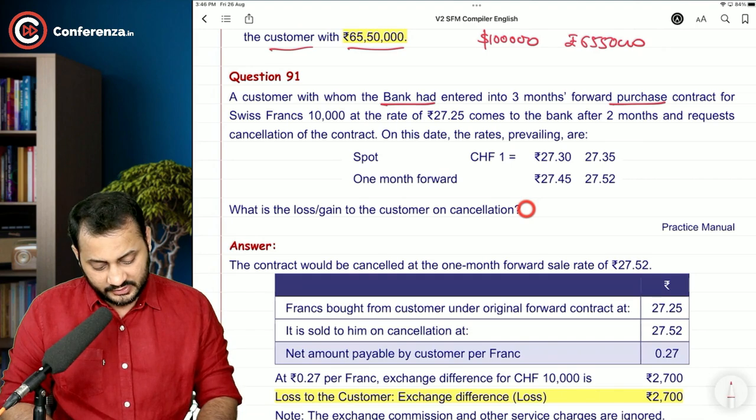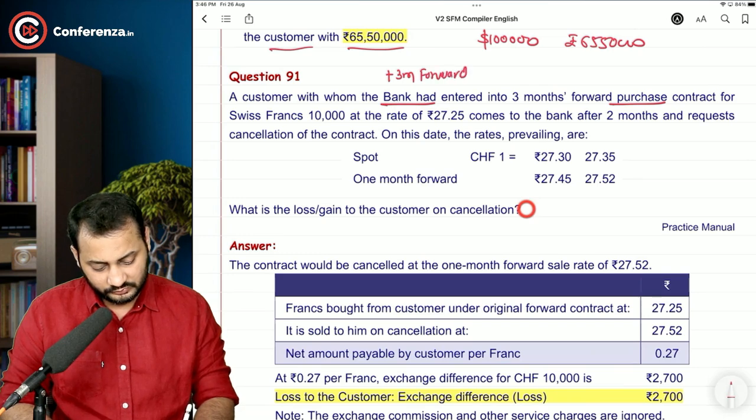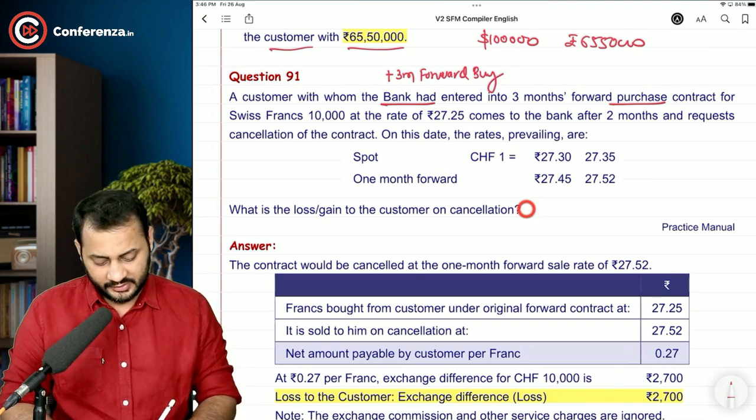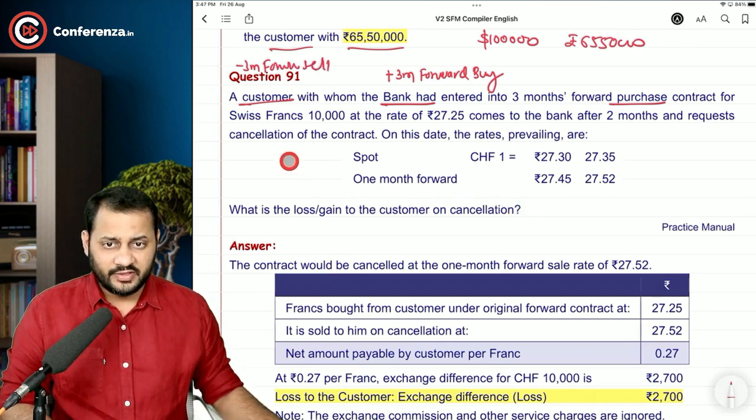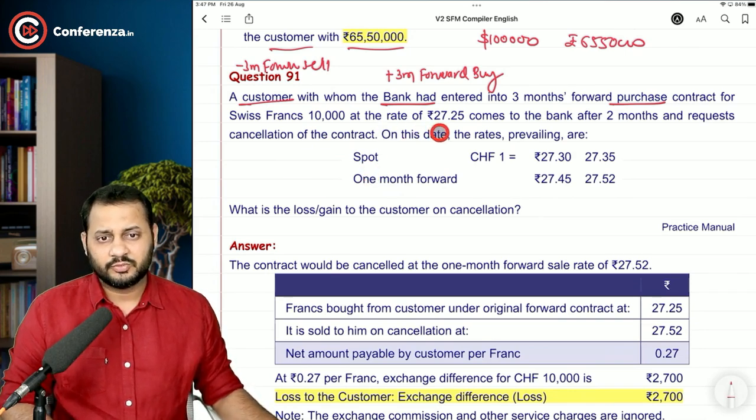So for the bank it is a 3-month forward buy contract, and for the customer it's a 3-month forward sell contract, for Swiss franc 10,000 at the rate of 27.25. So basically, the bank was supposed to purchase 10,000 Swiss francs from the customer at this rate.